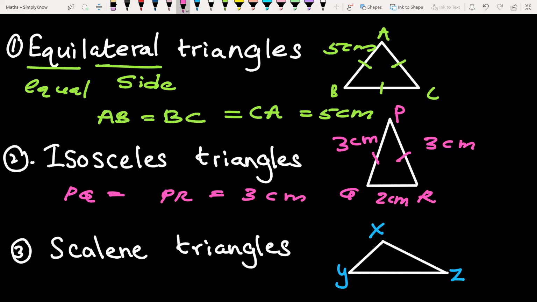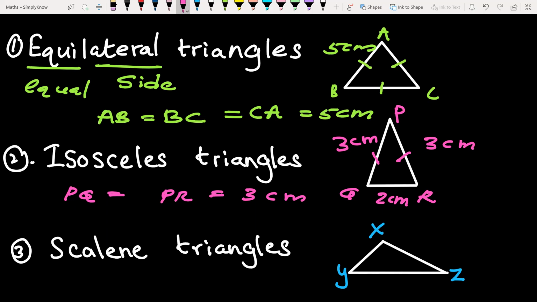Finally, the third type of triangle is the scalene triangle. All three sides of this triangle are unequal in length. This means there are no equal sides. Look at this triangle XYZ.